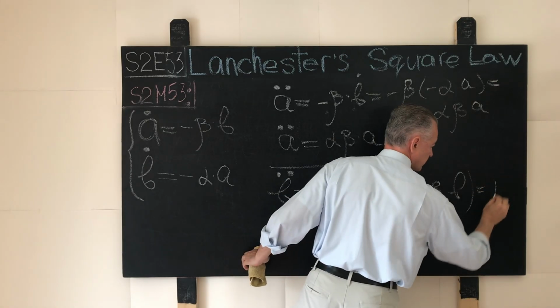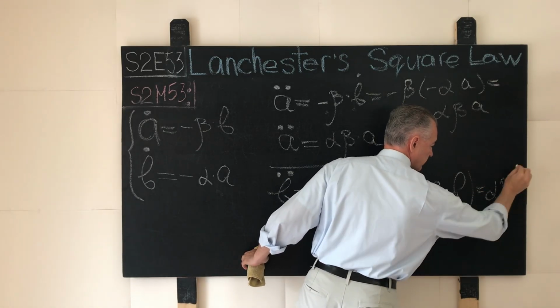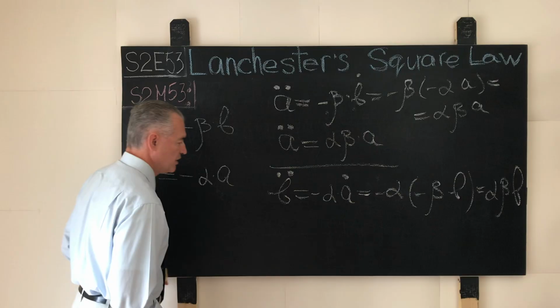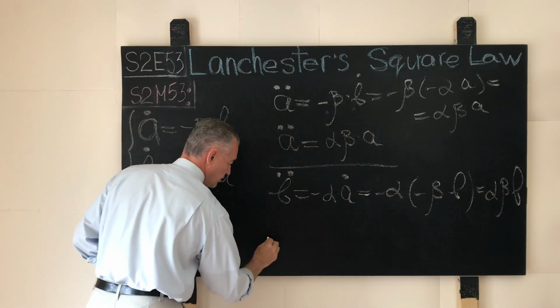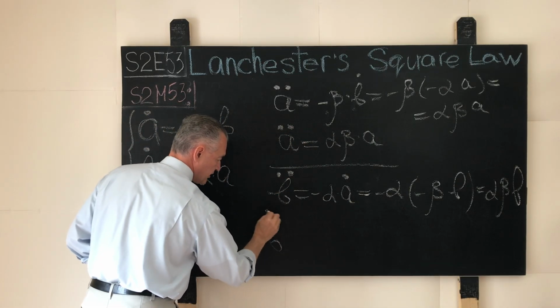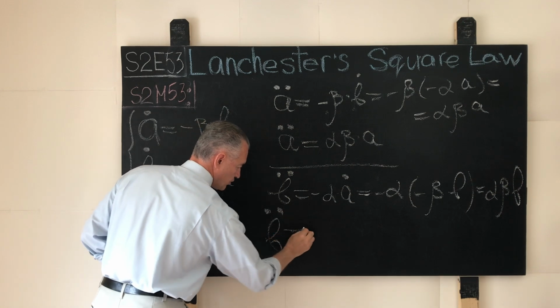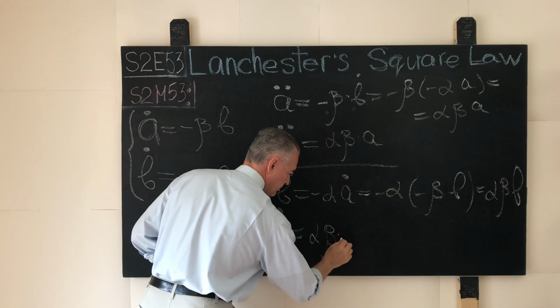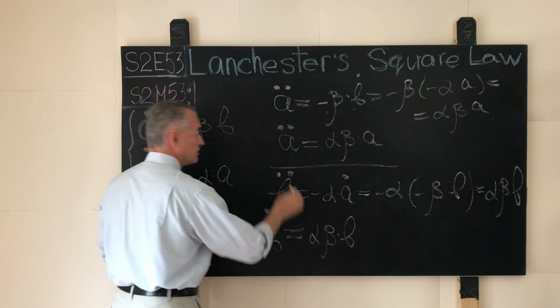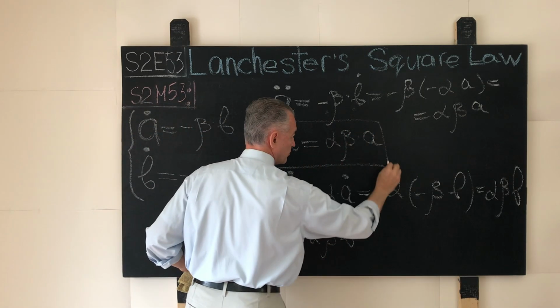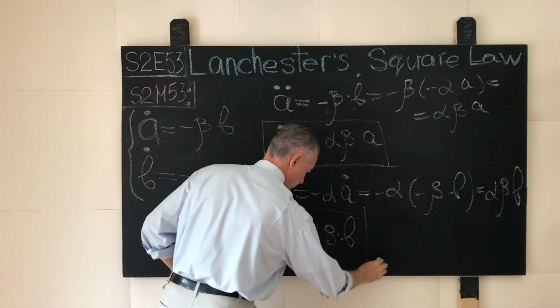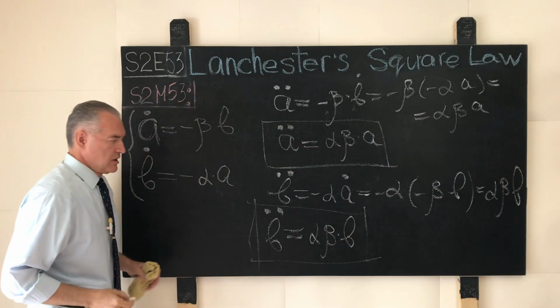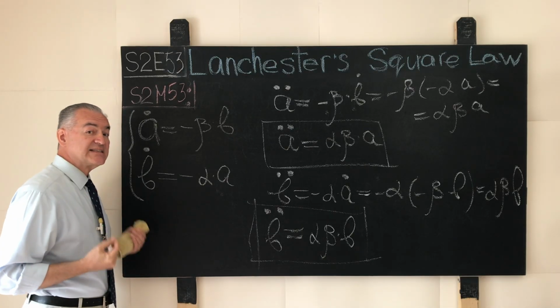This becomes alpha beta b. And what do we have again? If we throw the a out, in terms of the material that contains nothing but b, it will be b dot dot equals alpha beta b. You see, so we have this equation. Now look at this equation. These equations have the same structure.